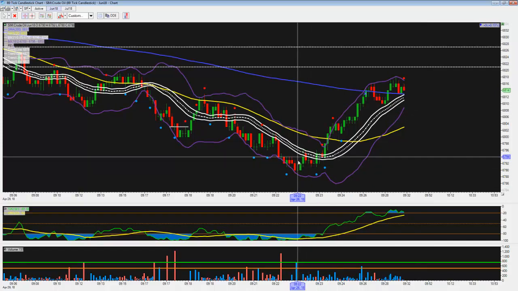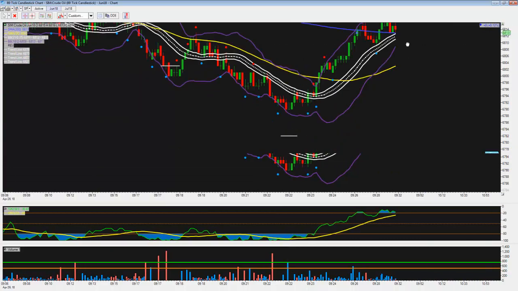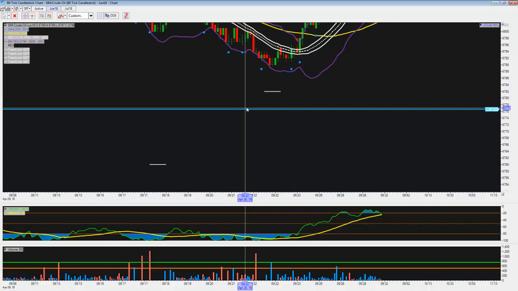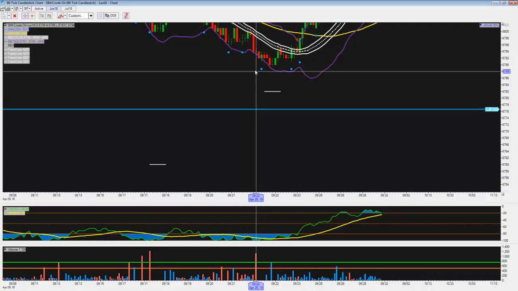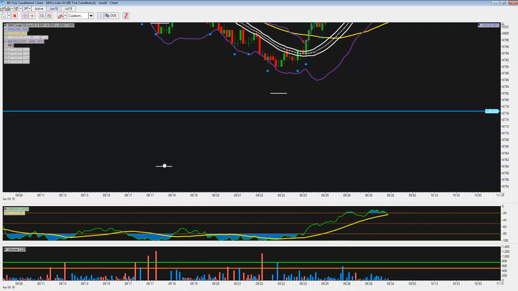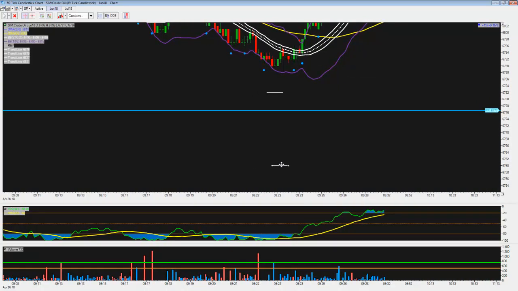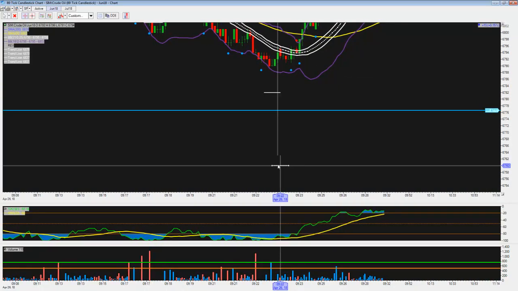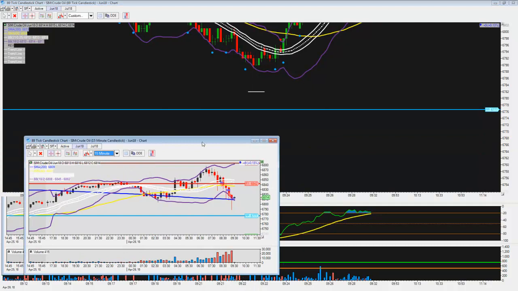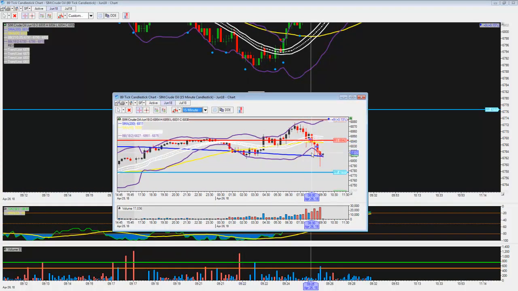Obviously, I wanted it to break down here to at least the pivot point, and it stopped in front of that by about 12 ticks or so in front of the pivot. Now, if we do look, we see one point here that's kind of showing up.